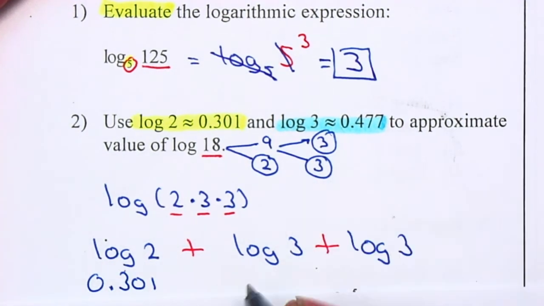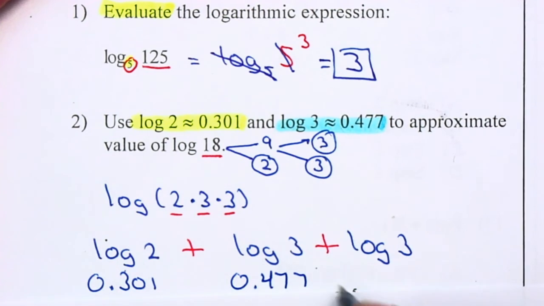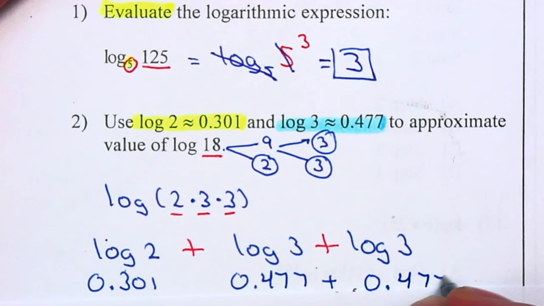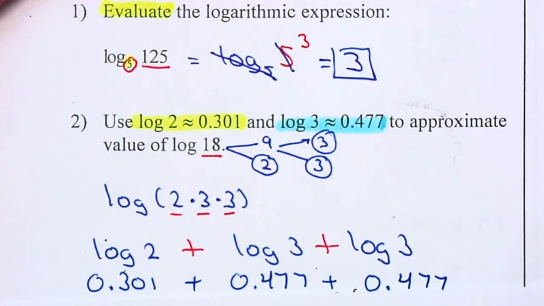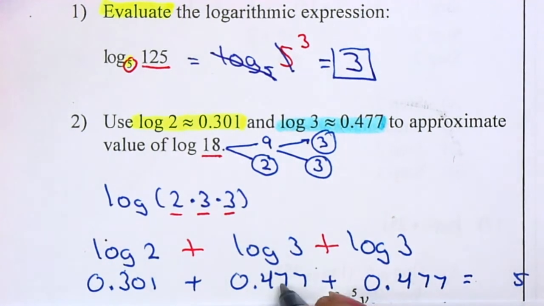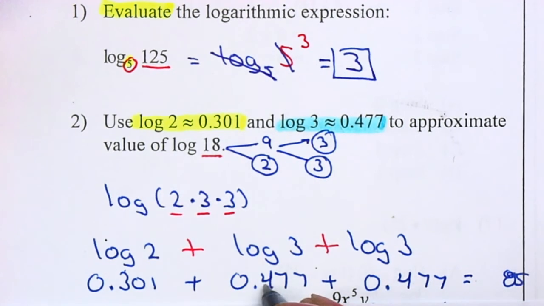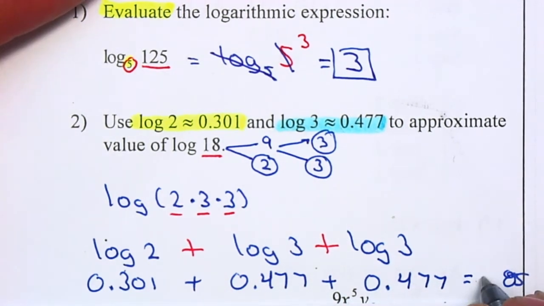Log of 3 is 0.477. And log of 3 is also 0.477. You go and add them. 7, 7, 14, and 1 is 15. Carry 1. 7, 14, 15, 16, 17, 18. Carry 1. 8, 11, and 1 is 12. So it'll be approximately 1.285.